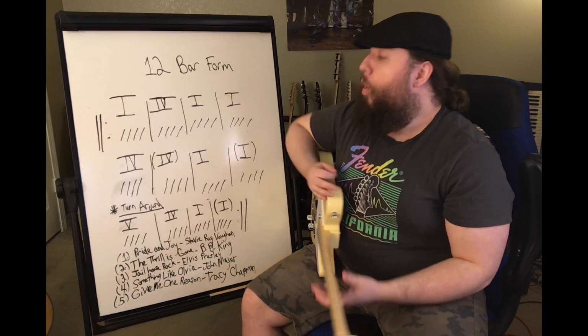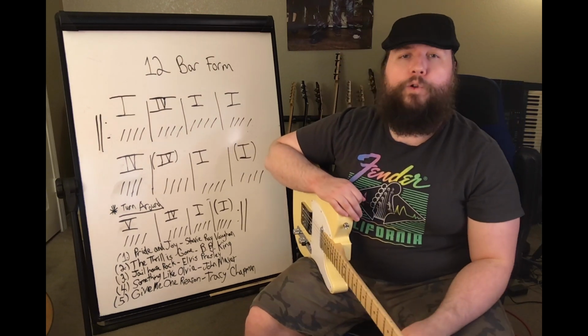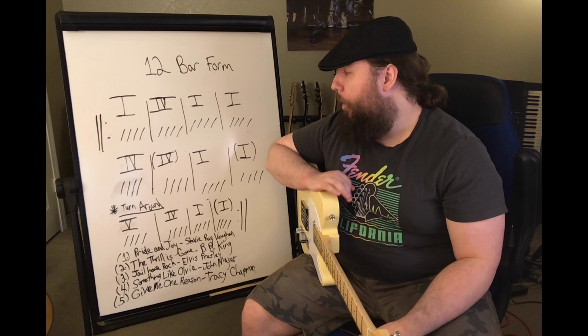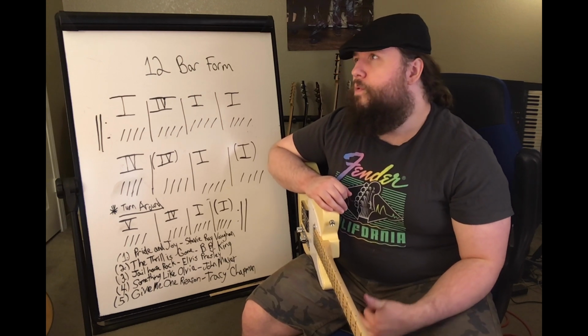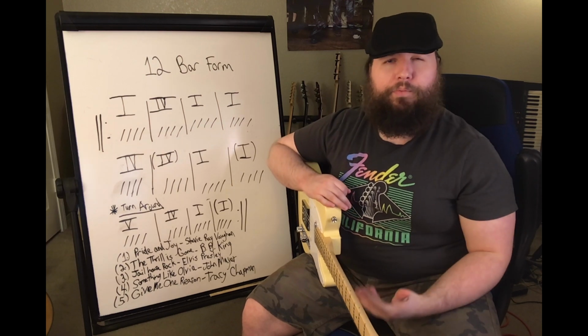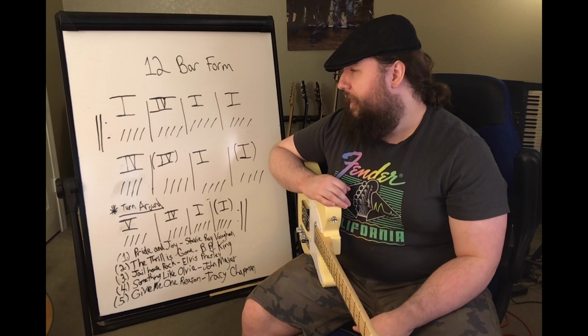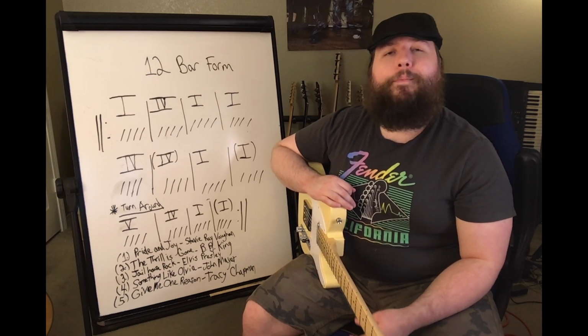That being said, I'm almost leaving out a very important element. There's what we call a turnaround, okay? A turnaround in the blues, or the 12-bar form. I said blues because it's very much a blues form. The turnaround in the song form is basically bringing it back to the one chord.